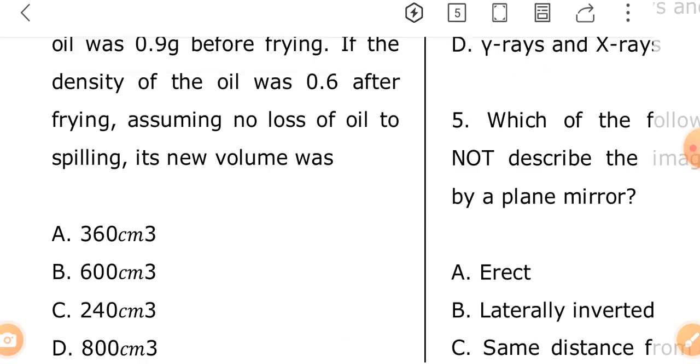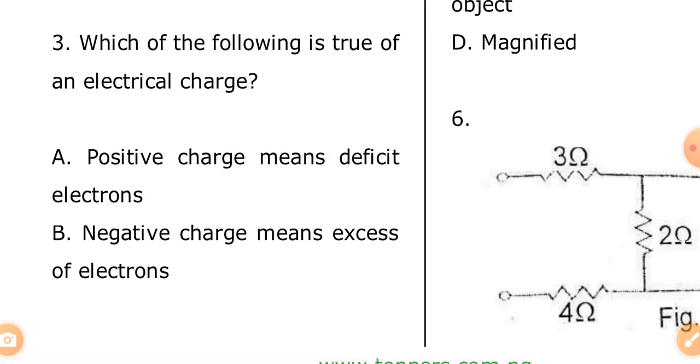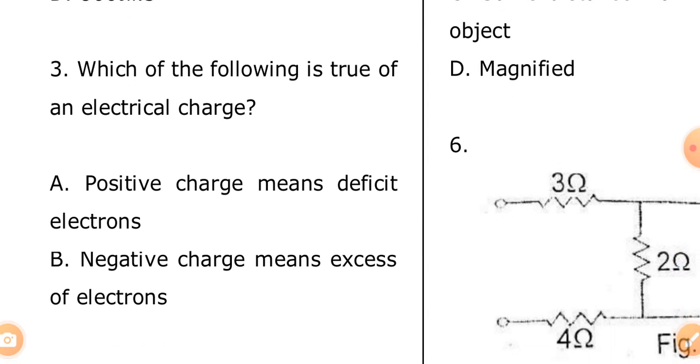Now, what we'll be doing in this particular video is looking at physics questions that are not calculation based. Science subjects like chemistry, physics, mathematics, we have the calculation aspect and the theoretical aspect, right? And many times they ask more questions from the theory aspect than even from the calculation aspect.